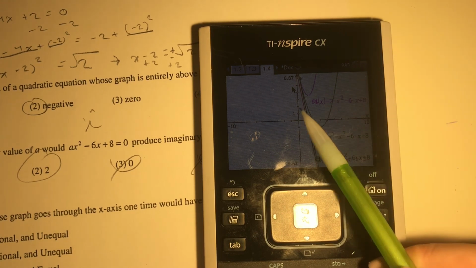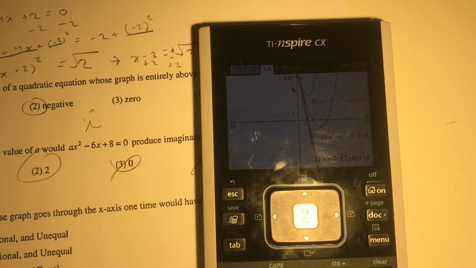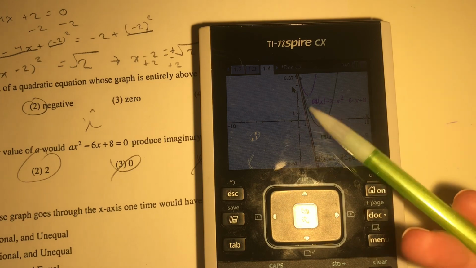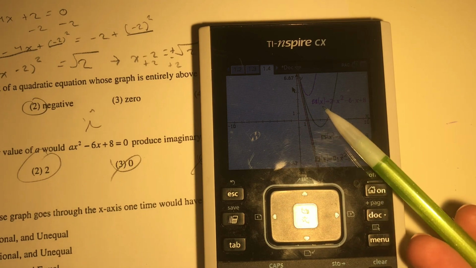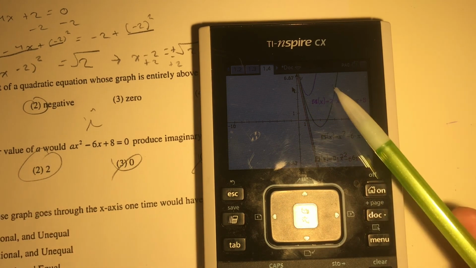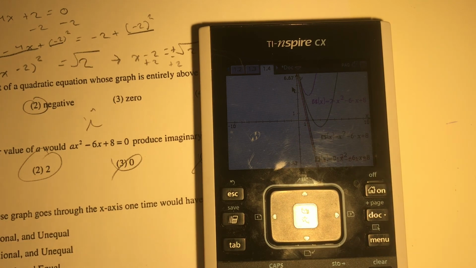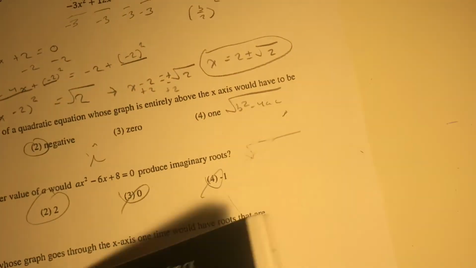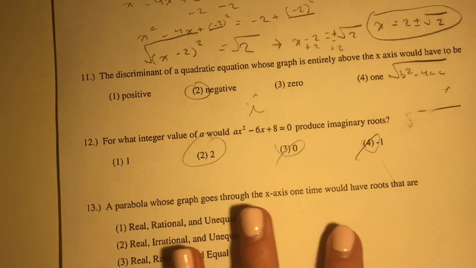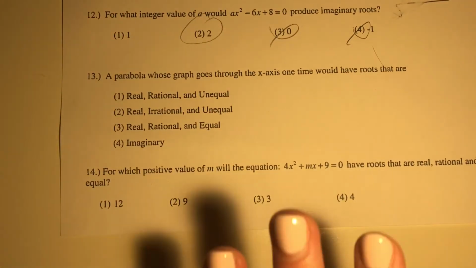And since this is touching the x-axis, by looking at that, obviously you get 2 solutions, so it's going to be 2, since it is above the x-axis. Okay, so that was number 12. I was explaining that a little bit.